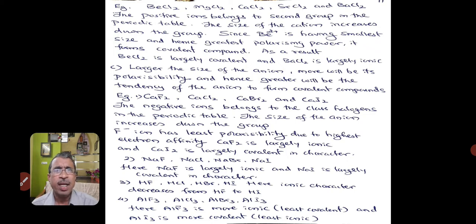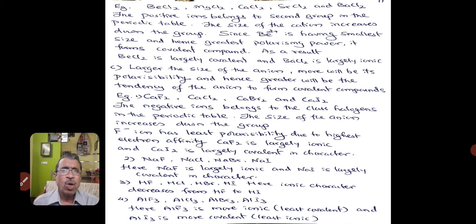The size of the anion increases down the group. Fluoride ion has least polarizability due to highest electron affinity. Therefore, calcium fluoride is largely ionic and calcium iodide is largely covalent in character.